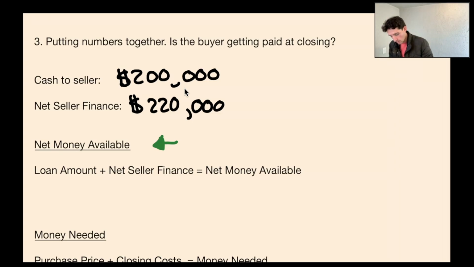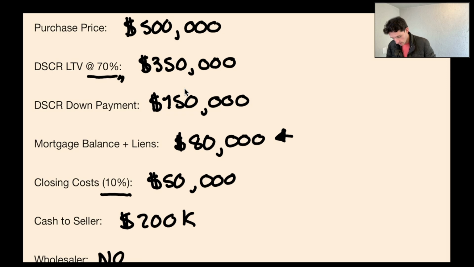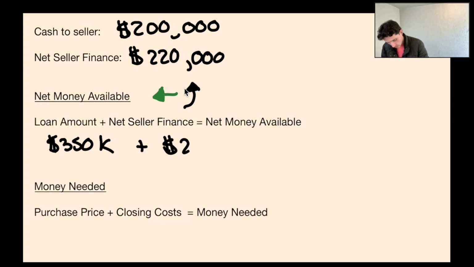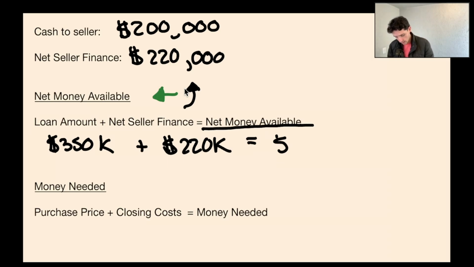So if the loan amount is this number right here, 350K plus seller finance, which is this number, 220,000, okay, this is gonna give us what is called the net money available. Okay, so we have $570,000. Perfect. Let's put it in green.